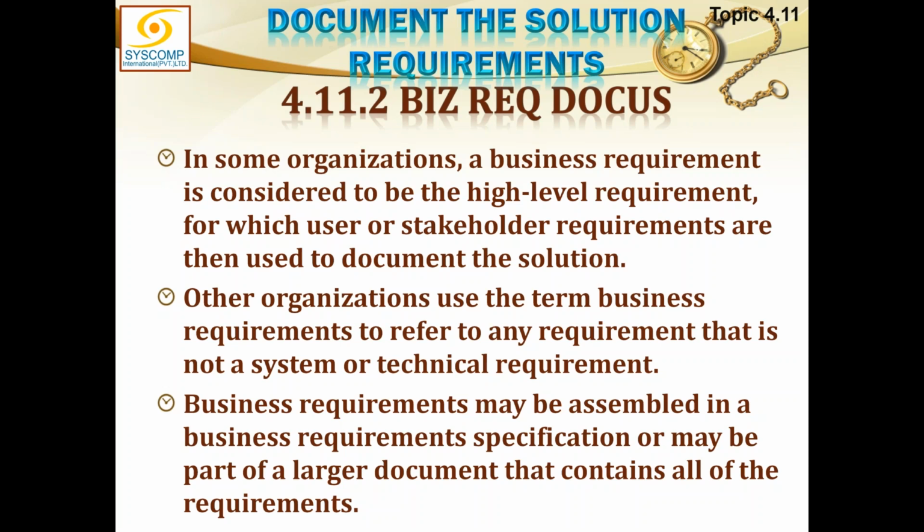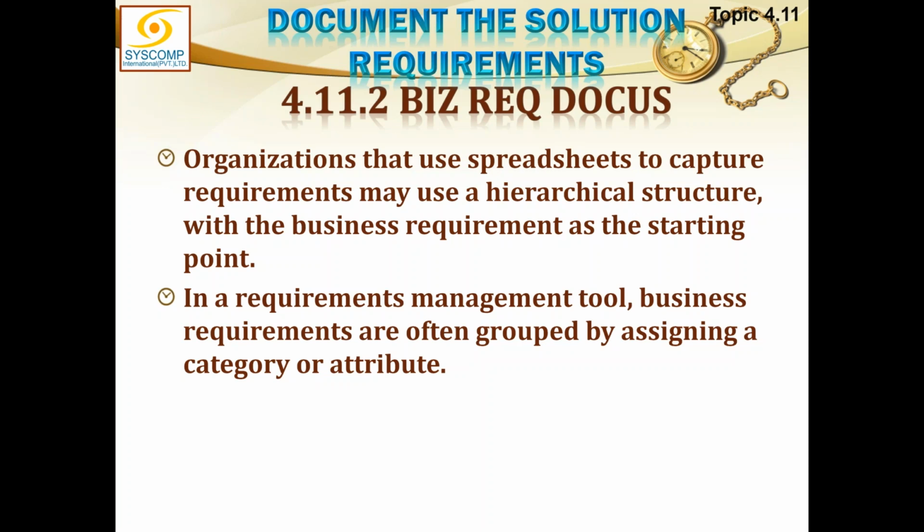Business requirements may be assembled in a business requirement specification or may be a part of a larger document that contains all of the requirements. Organizations that use spreadsheets to capture requirements may use a hierarchical structure with the business requirements as a starting point. In a requirement management tool, business requirements are often grouped by assigning a category or attribute.